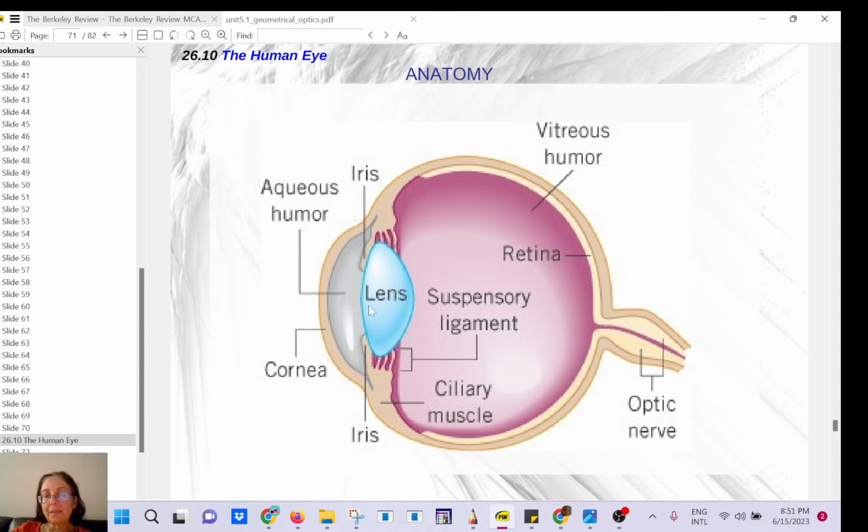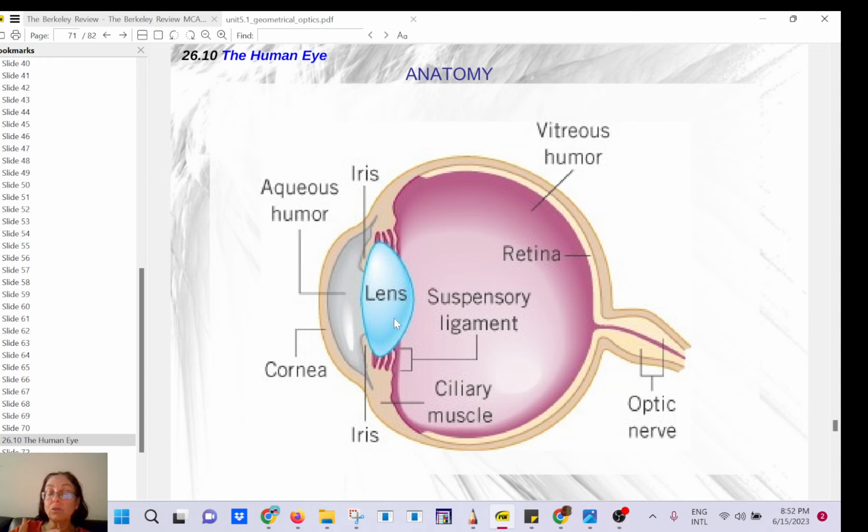And then you have the lens. The curvature of the lens is controlled by muscles attached here, such that you can change the focal distance of that lens, right?